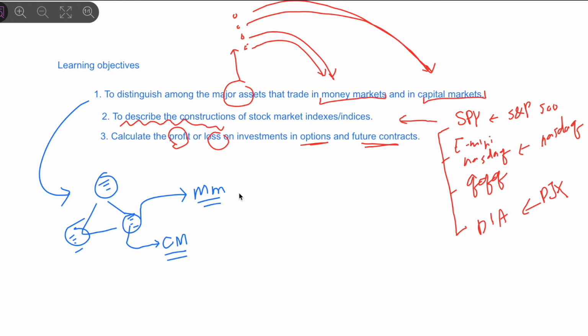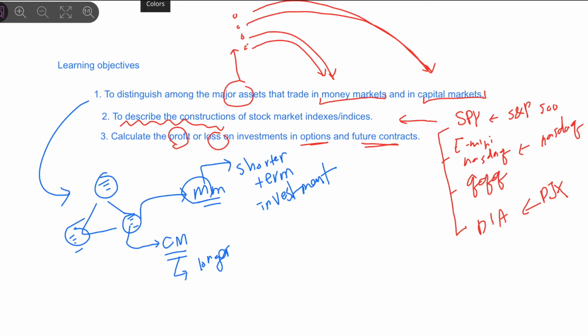So what is the main difference between those two markets? One is for shorter term or short-term investment, whereas we have capital market that is a little longer, right? Comparably longer investment, right? So what should be the characteristic of the money market securities?